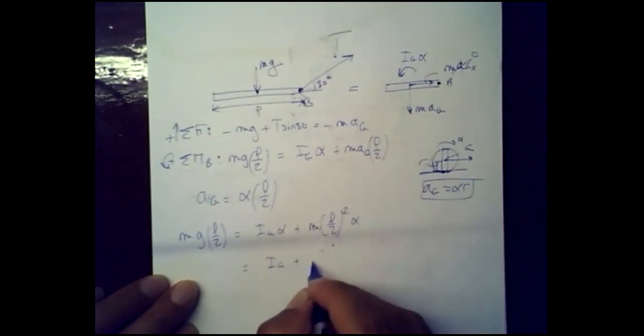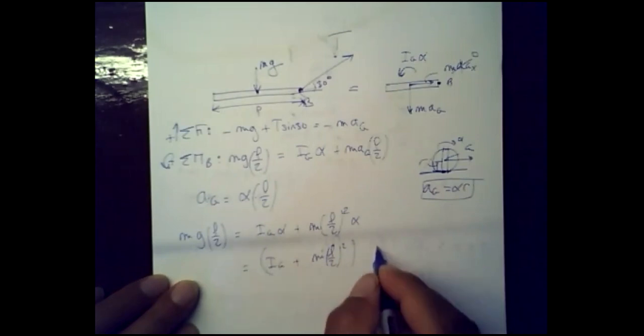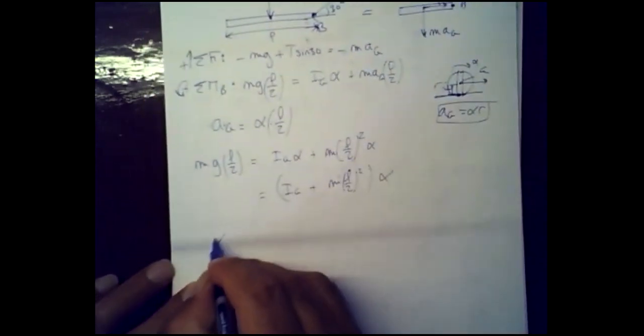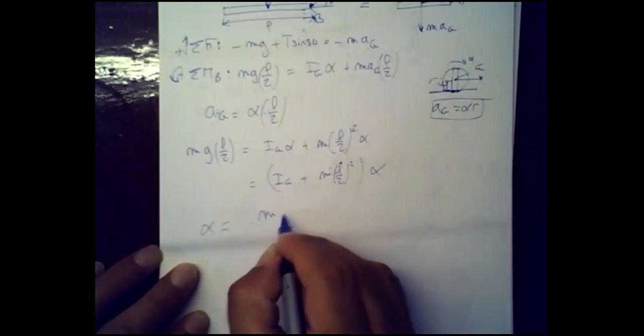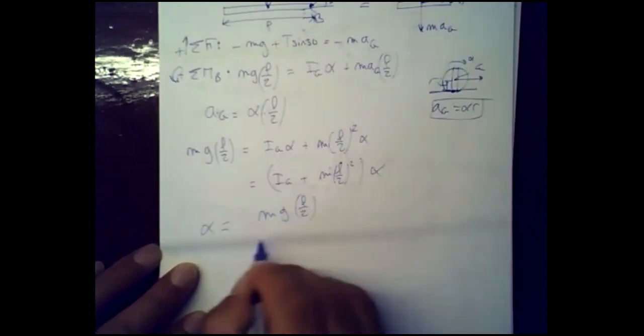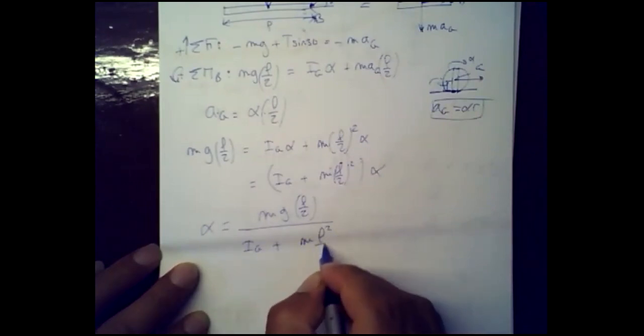So IG plus ML over 2 squared, this whole thing multiplied by alpha, is how we can calculate the angular acceleration of the block: alpha is mg L over 2, divided by IG plus ML squared over 4.